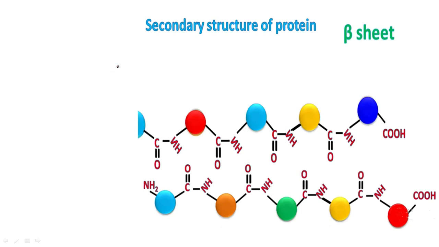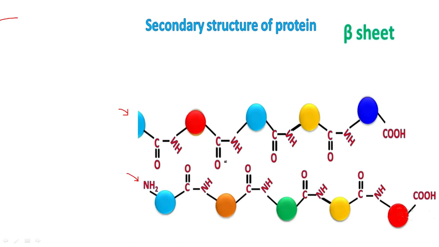So look at this one. Each row, this one and this one, is the primary structure. You are now well aware of that. This is representing the primary structure, and this is also representing the primary structure. Look at how they are stabilizing.